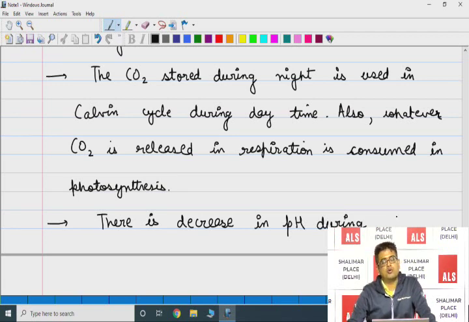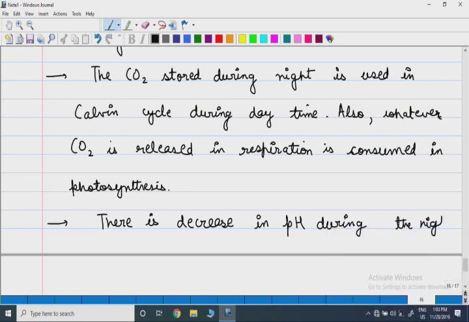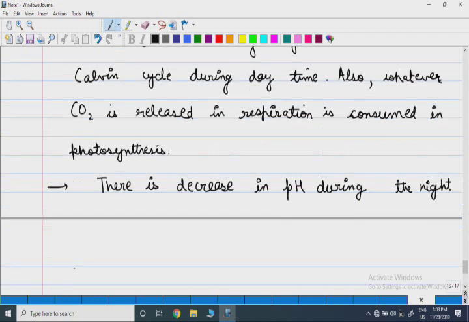So in the early morning, when photosynthesis is not started also, you will see there is a large decrease in pH during the night and increase in pH during the day.